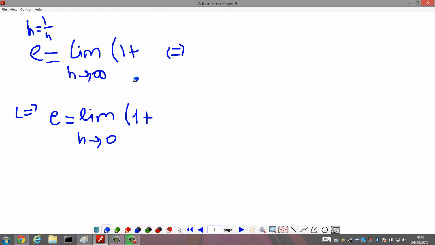I'm used to writing the other definition. And that's it. That's the actual definition. And here we are wanting to transform it to this definition. So we have h approaching 0.